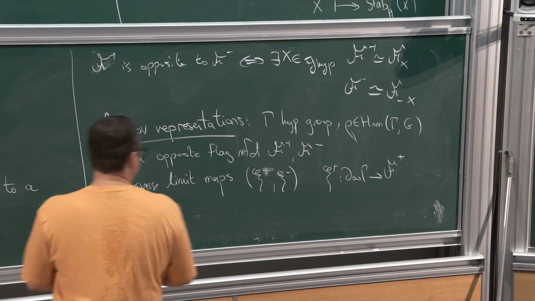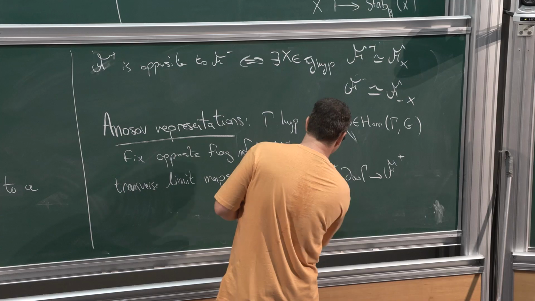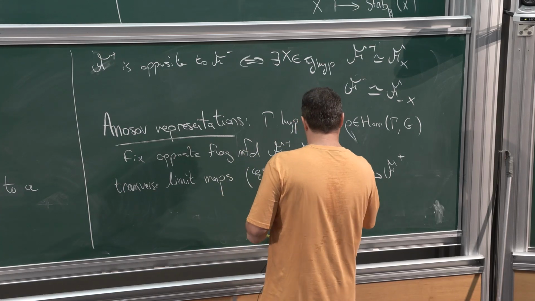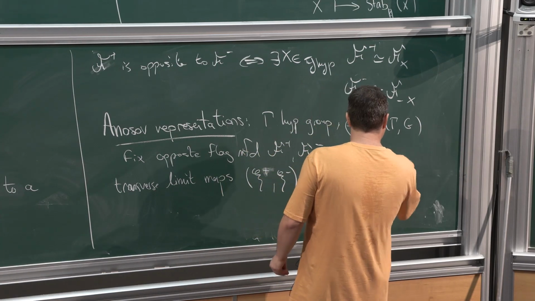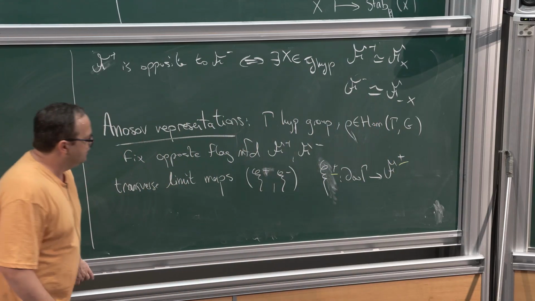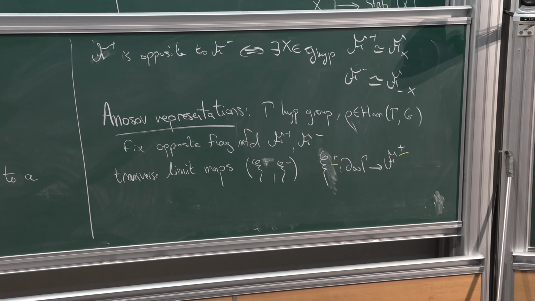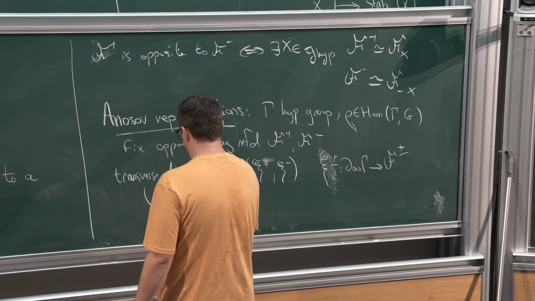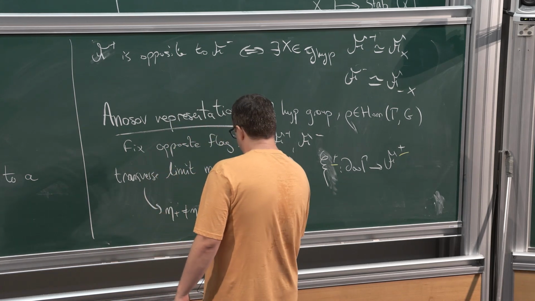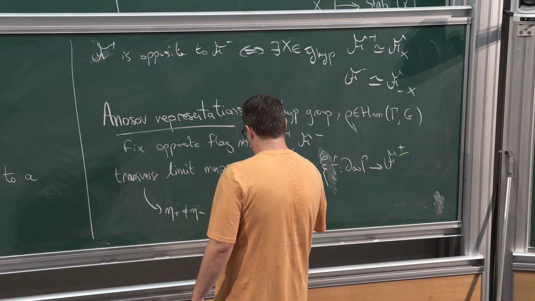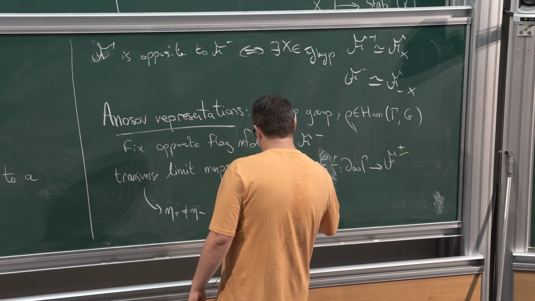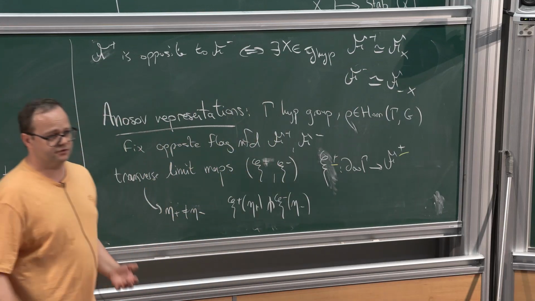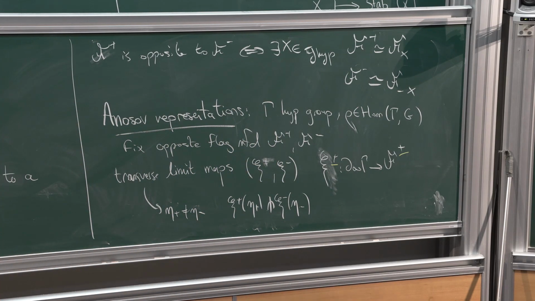Xi minus, same thing to f minus. This is not squiggly enough to be xi. And transversality also, right? If you have eta plus different from eta minus, you want xi plus of eta plus to be transverse to xi minus of eta minus. Add your same adjectives, continuous, equivariant, and then you get the notions of limit maps.